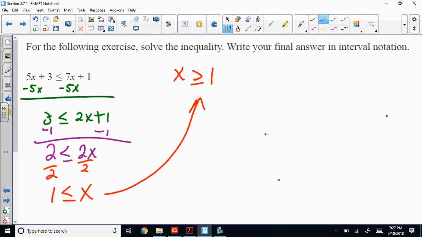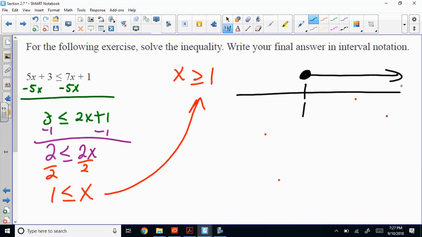Now, we know that the arrow is going to go which way? Well, which way is it pointing? To the right. So look what I'm about to do, because this is pretty cool. Ready? Boom. Right there. I got a 1. Now, is it an open dot or closed dot? It's a closed dot. And it's going which way? To the right. What's the farthest value over to the right?